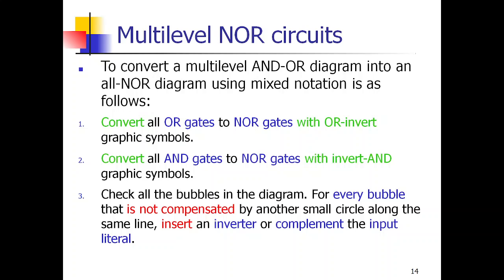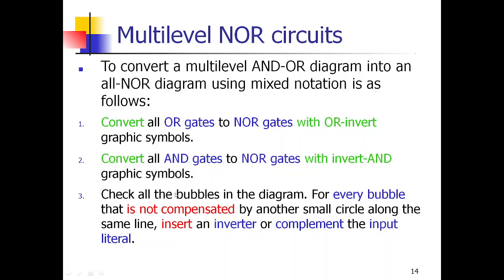We can convert that to NOR gates by following the steps. What are the steps? First, convert all OR gates to NOR gates using the OR invert symbol. Then convert all AND gates to NOR gates with the invert AND graphic symbol.